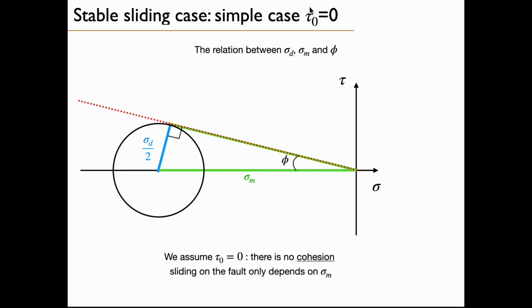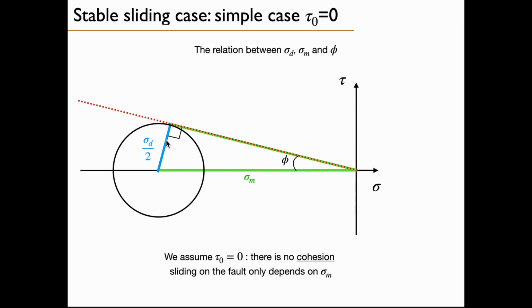We assume that tau 0 is 0, so the intercept of Byerlee's law is at 0 here. Our Mohr circle is touching the line of rupture, and the angle is here.